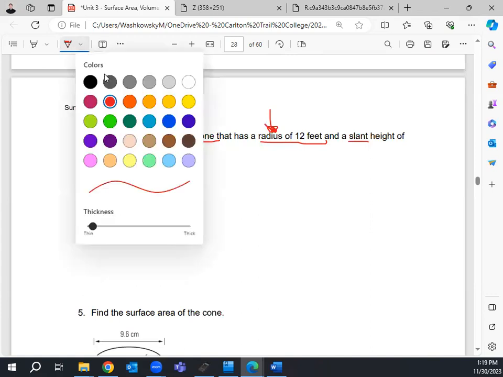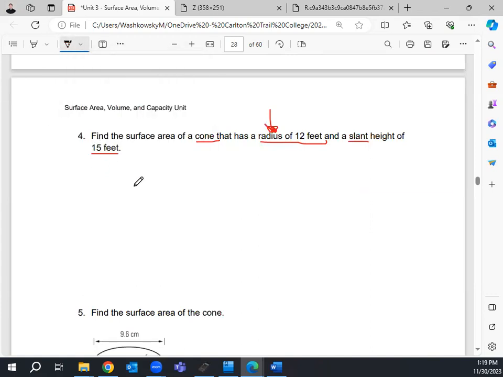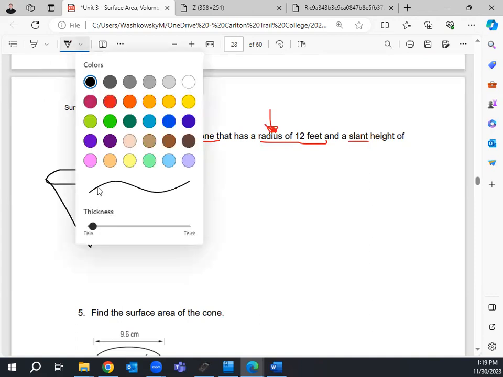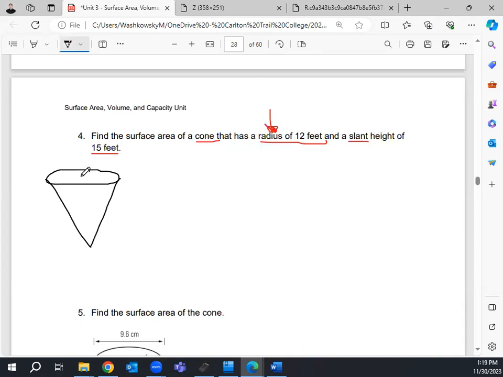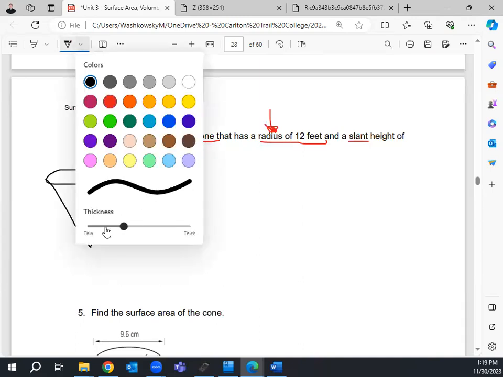So as always, what I really recommend doing is just draw yourself a nice little picture. I'm going to do that same weird circle. I'm going to draw the cone. And I'm going to fill in the stuff it's told me.